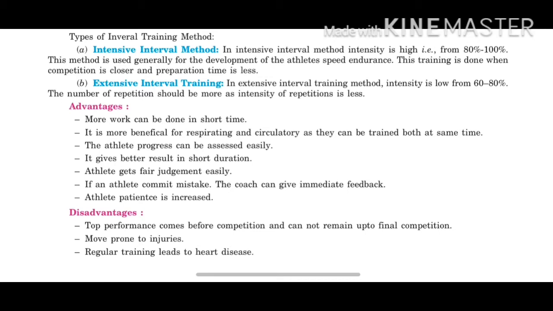It is more beneficial for the respiratory and circulatory systems as they can be trained both at the same time. The athlete's progress can be assessed easily. It gives better results in a short duration. Some disadvantages are that regular training leads to heart disease, and the athlete is more prone to injuries, etc.